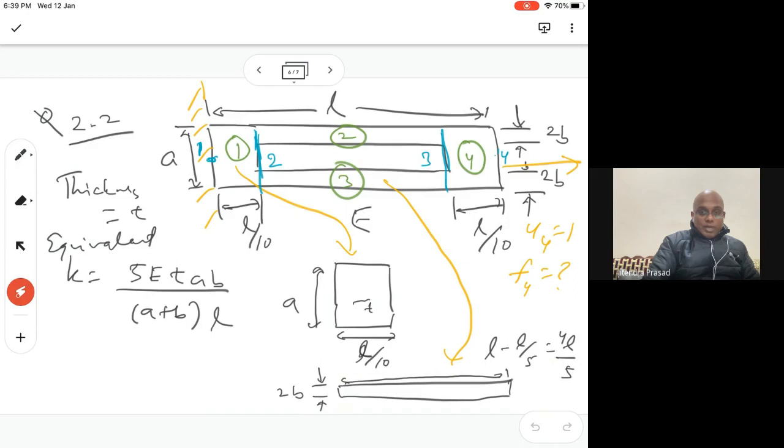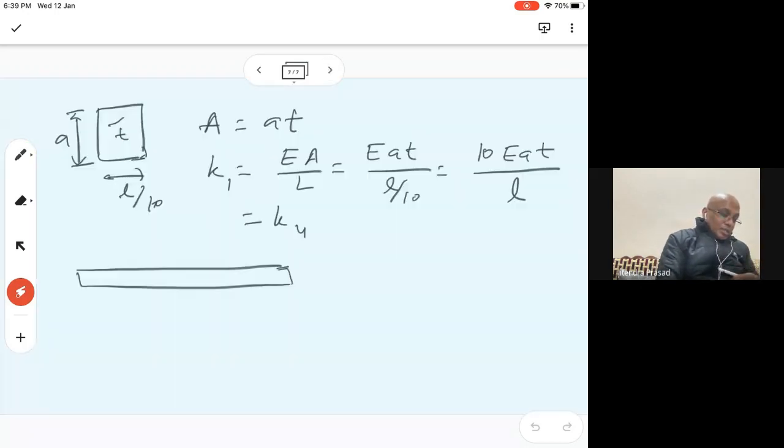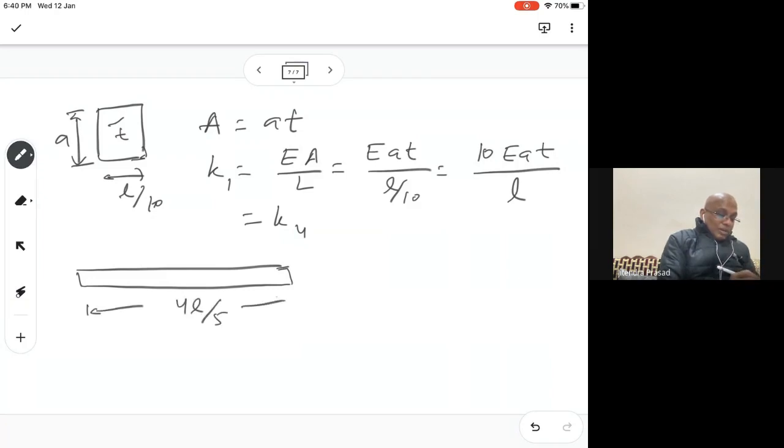I want to make sure the thickness is the same, so this is 2B only. So for this one we have 4L over 5, and this one is 2B.